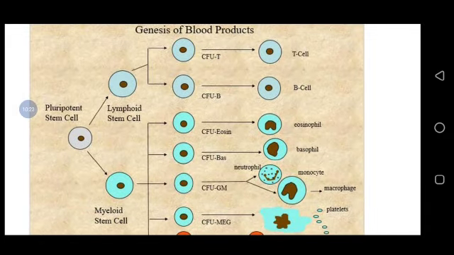Also, in the genesis of blood products, we have the stem cell, the mother cell, which is involved in the production of all blood cells.